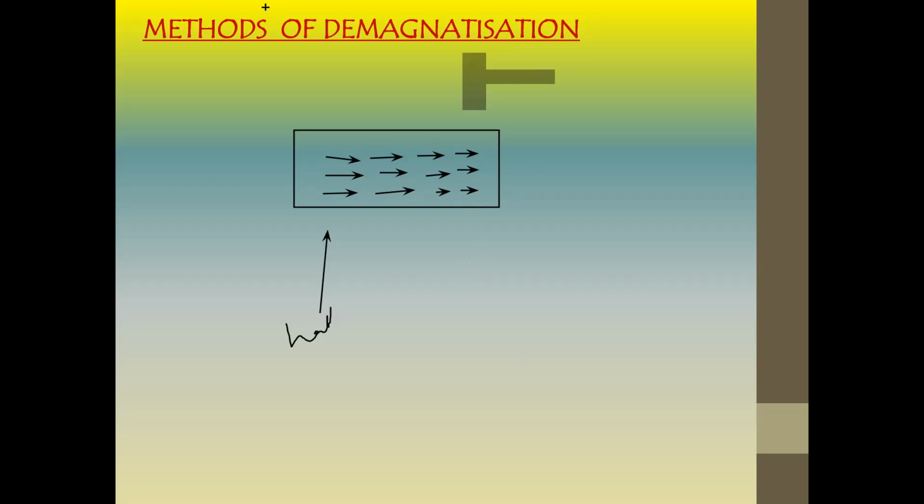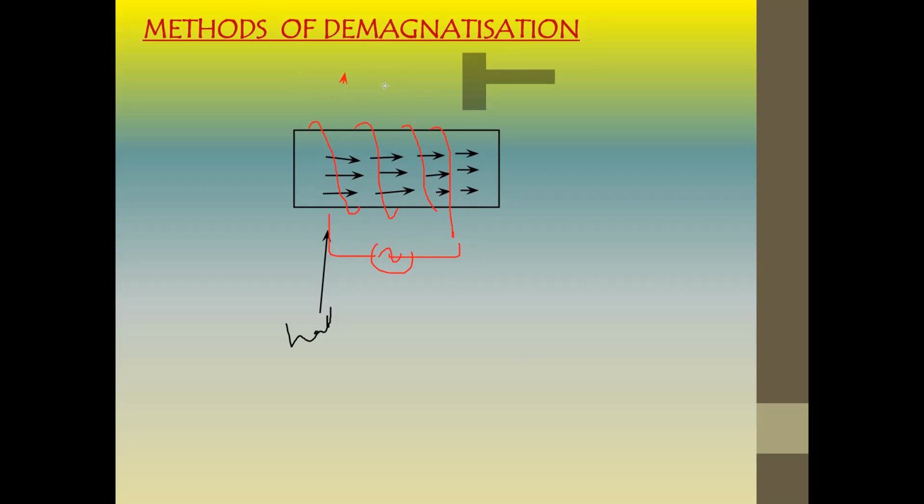And what else can I do? I can wrap a wire around it and pass an alternating current. What does an alternating current cause? It causes the domains to vibrate.